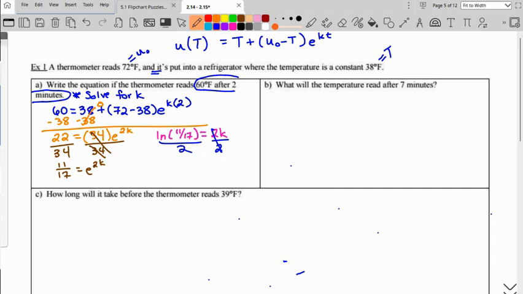What did they ask us for? They asked us for the full equation. We know that our k is the natural log of 11 over 17, over 2. But they want the full equation, so let's put it together.